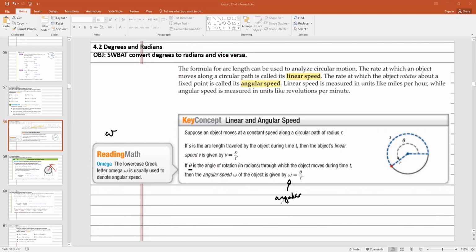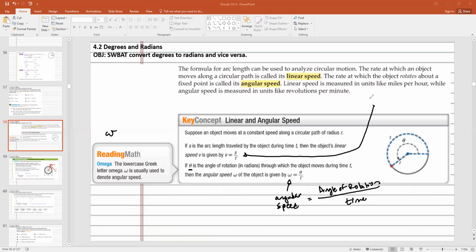Angular speed equals angle of rotation divided by time. So how much it rotates divided by the time. All right, that's that one.